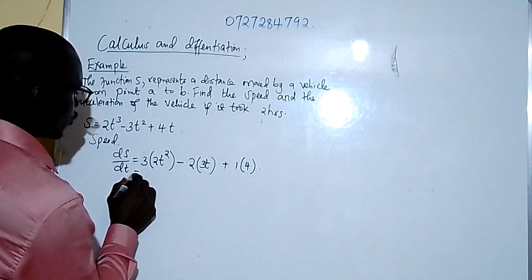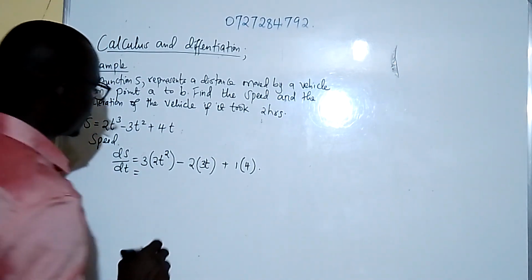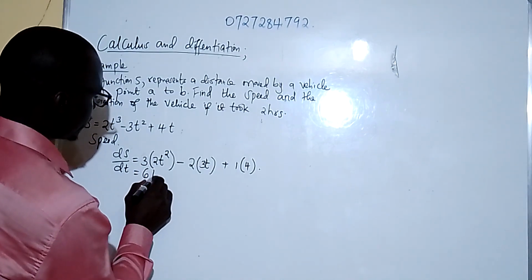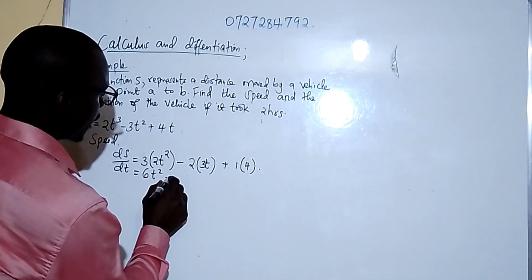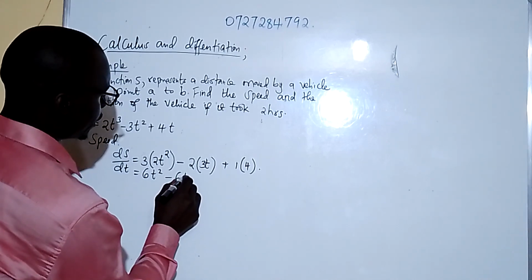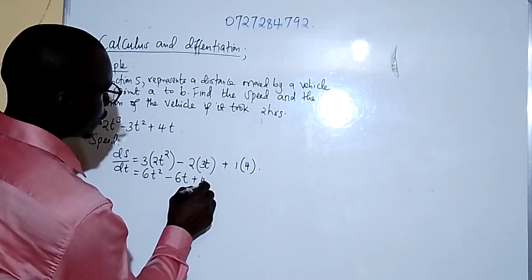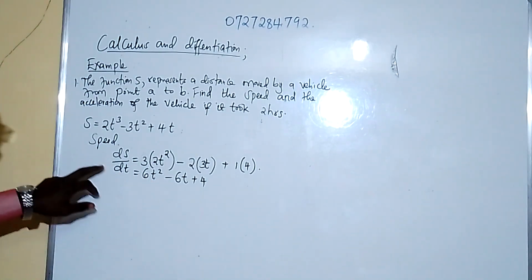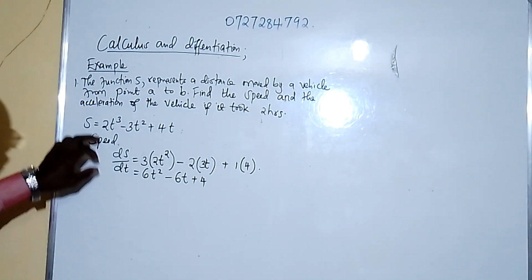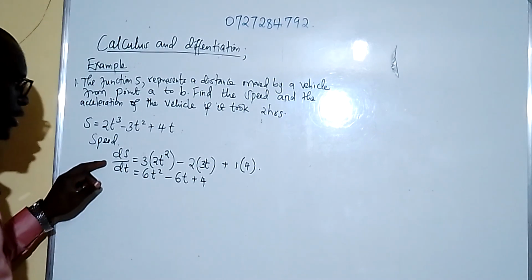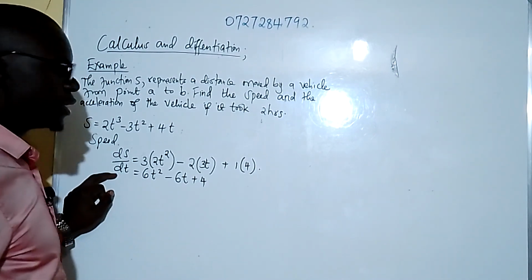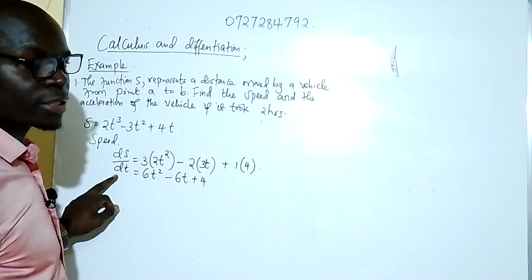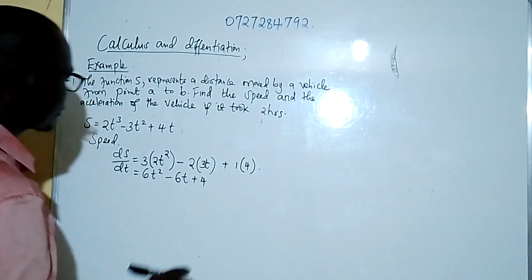Let us now come up with the solution to this. We have 6t squared minus 6t plus 4. So this one becomes our speed, and our speed is ds dt. We have differentiated distance with respect to time.